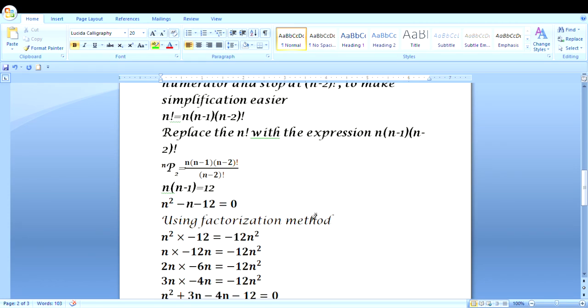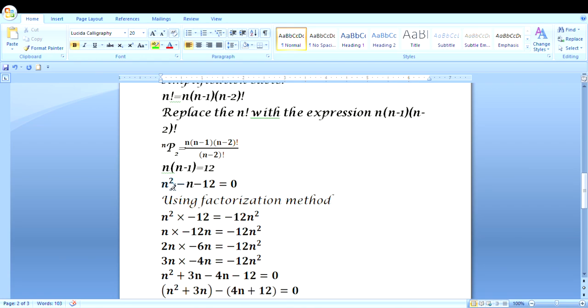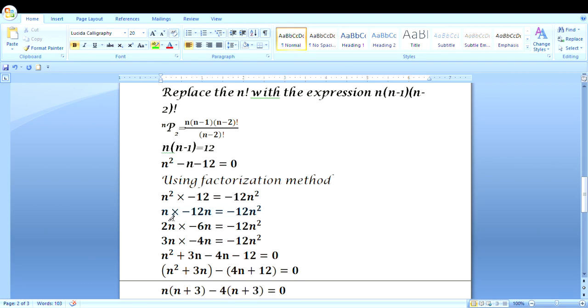Now, using the factorization method, we multiply the term containing n squared by the constant term, and this gives minus 12n squared. The factors of minus 12n squared include n and minus 12n, 2n times minus 6n, and 3n times minus 4n.